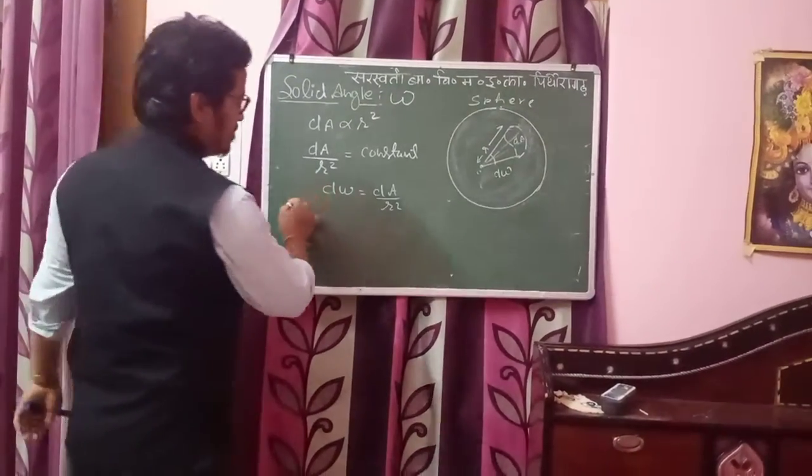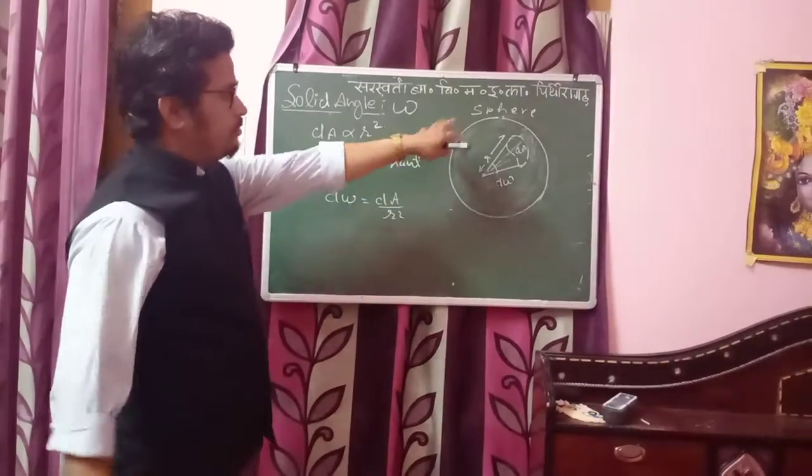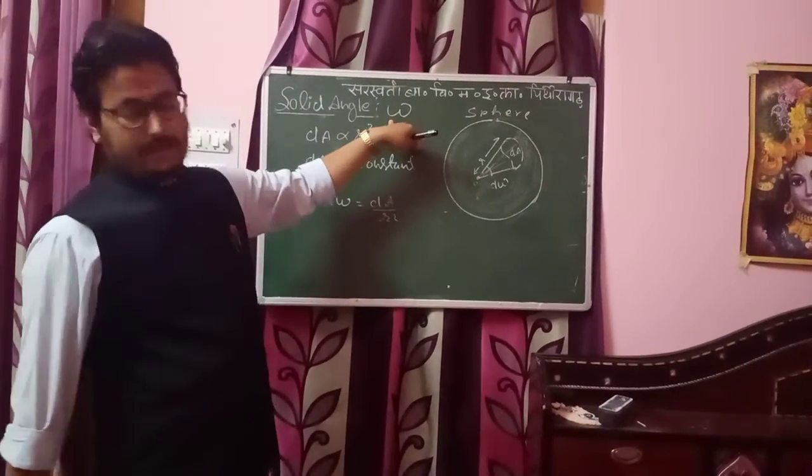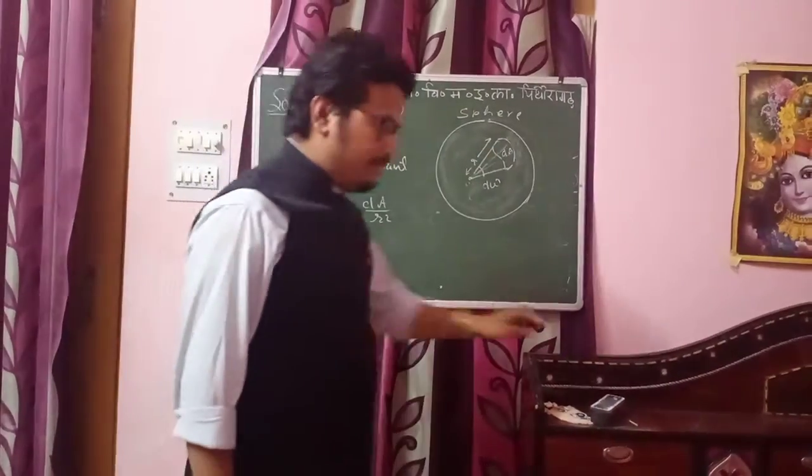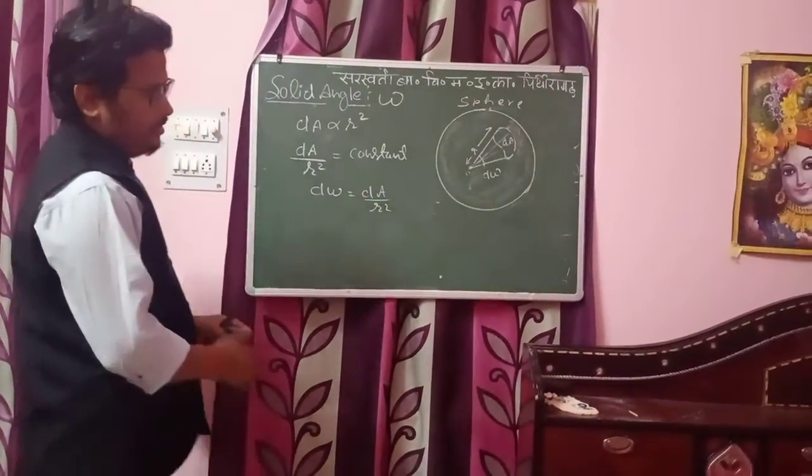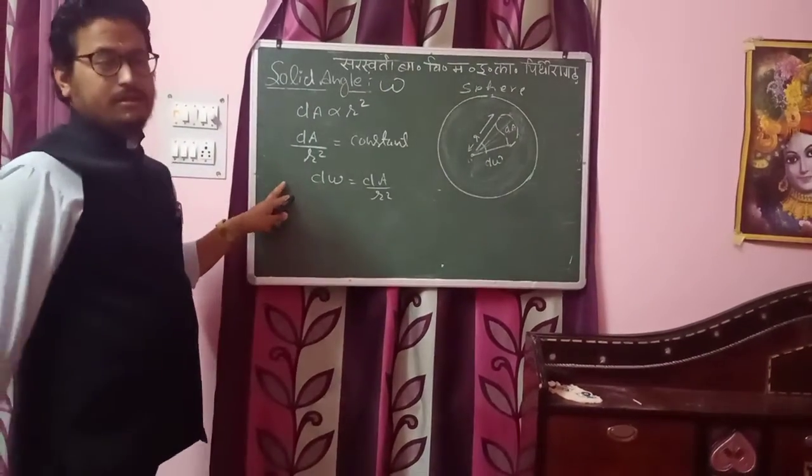This is known as d omega, and in the case of the whole area it is denoted by omega, and the unit of omega is always steradian. So this is the definition of solid angle.